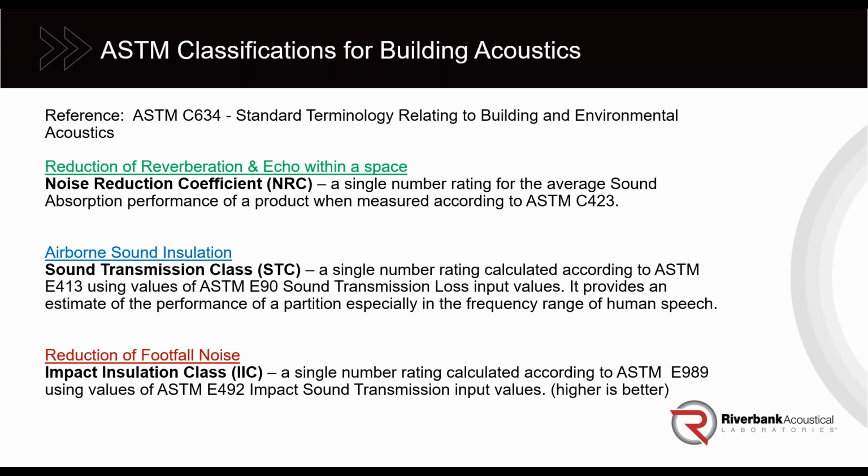That's the rating you're most likely to see on things like acoustical ceiling tiles, wall panels, etc. For airborne sound insulation, again, the ability to block sound, you're going to see sound transmission class, or STC ratings. And then third, for that reduction of footfall noise condition, you're going to see IIC ratings, or impact insulation class ratings.